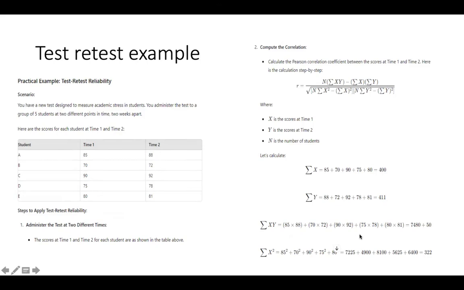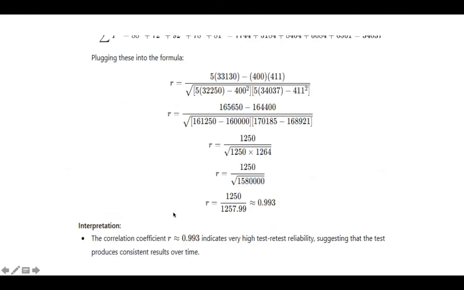Also for summation x squared, we take each individually, 85 squared, 70 squared, 90 squared, and so on at time 1, and similarly for y, 88 squared, 72 squared, 92 squared, and so on.